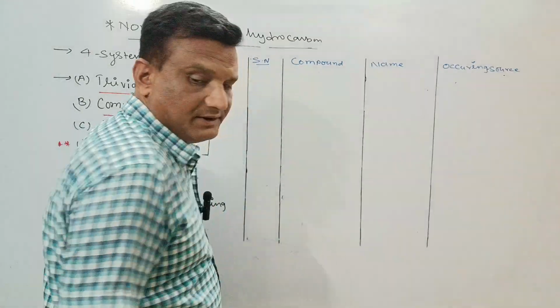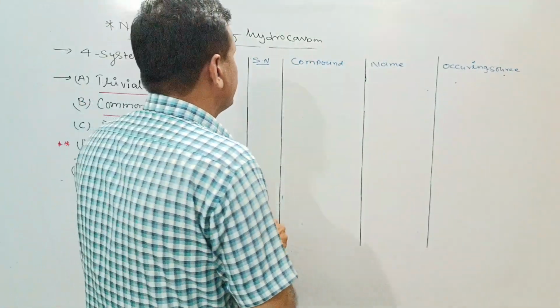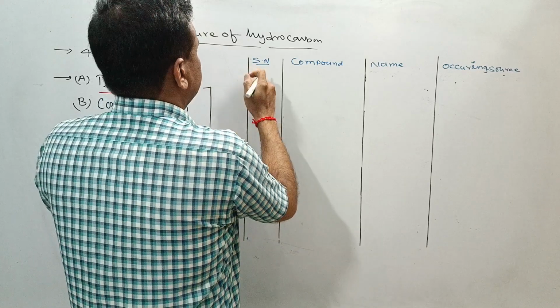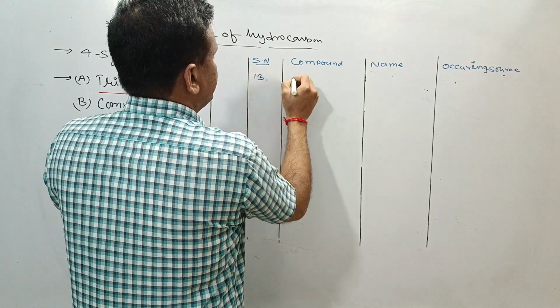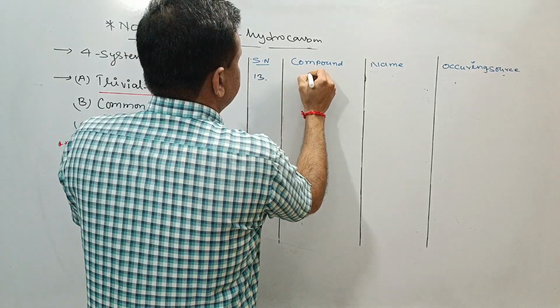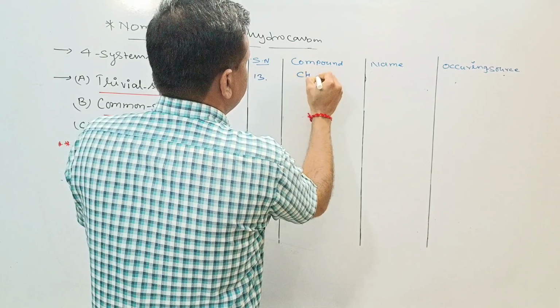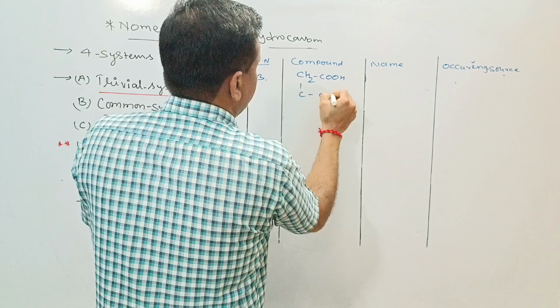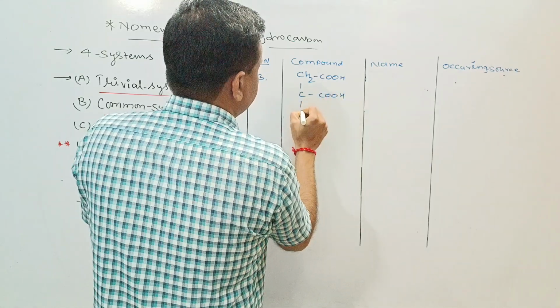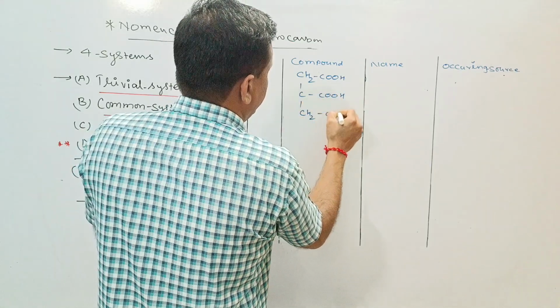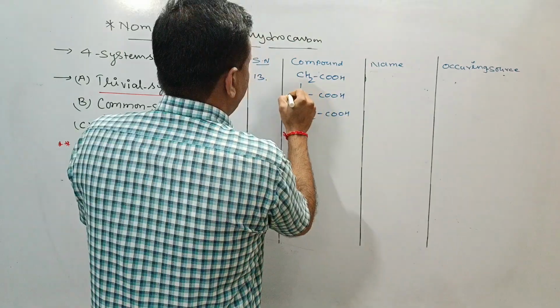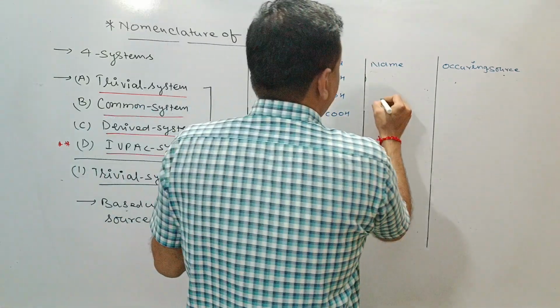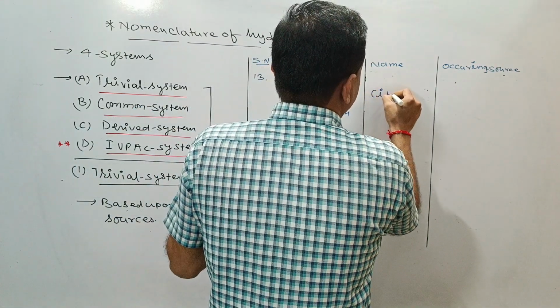This is the 13th compound. You can take citric acid, COCH2, COOH, COOH, CH2COOH. Here will be OH. It is known as citric acid.